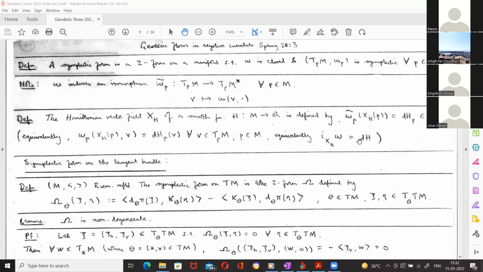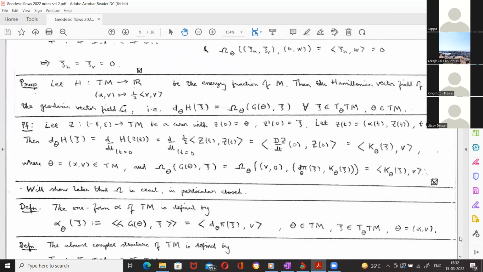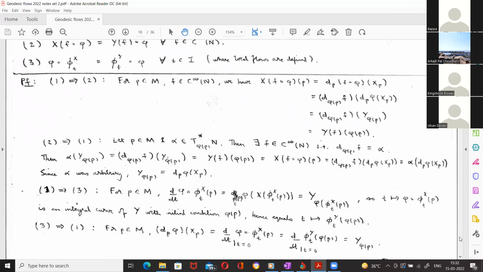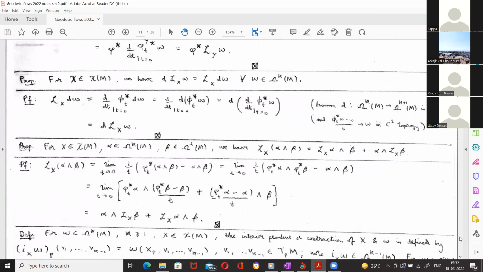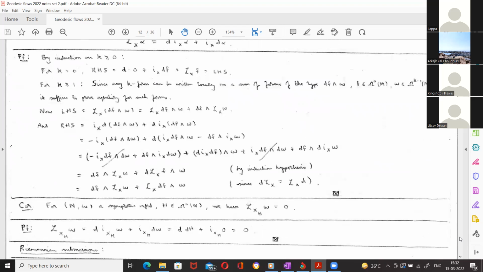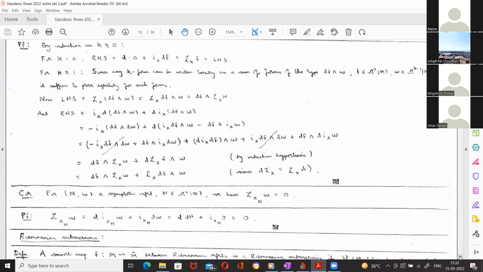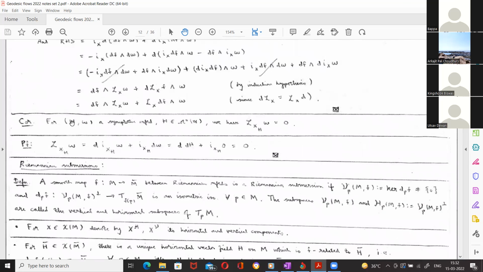Okay. Fine. And now, before doing the tangent bundle, let me immediately give you an application of the Cartan formula. So here is an algebraic proof. The Cartan formula immediately tells us that if N, omega is a symplectic manifold and H is a smooth function on N, then the Lie derivative of omega with respect to the Hamiltonian vector field X_H is 0.